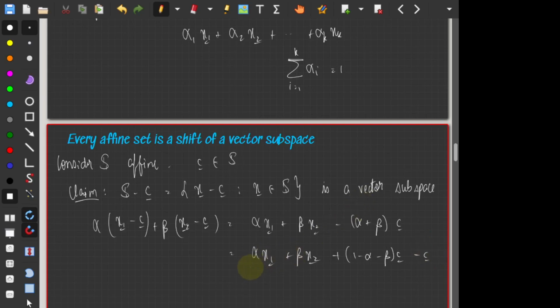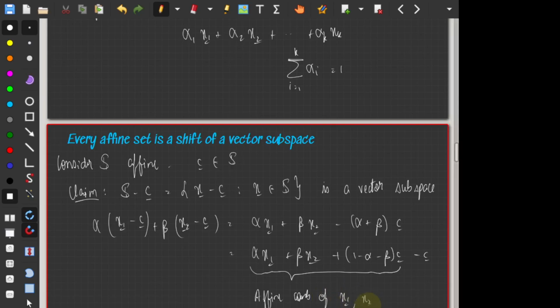What about this first part? Is this in S? It does, right? Because alpha plus beta plus 1 minus alpha minus beta is equal to 1. So this is an affine combination of x1, x2 and C. Right?